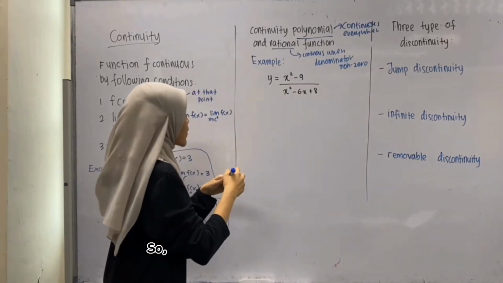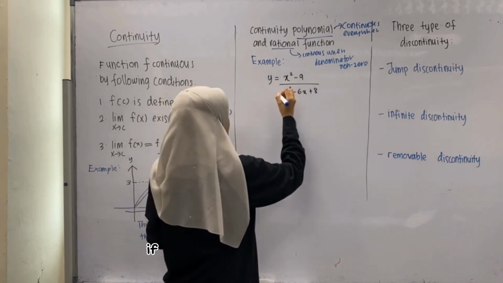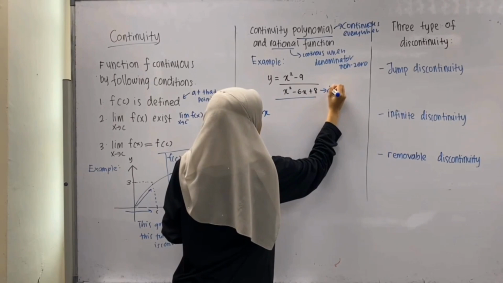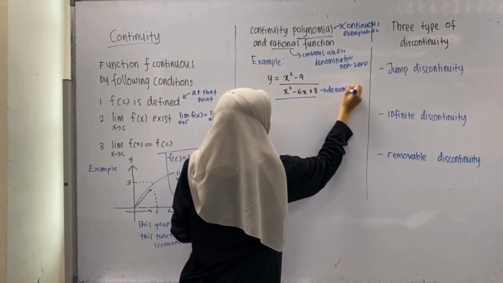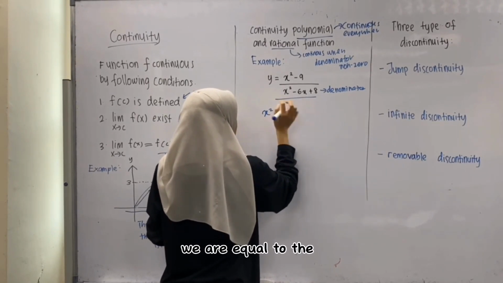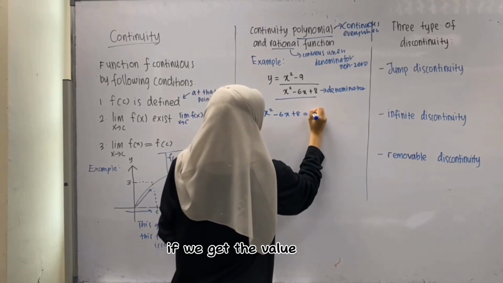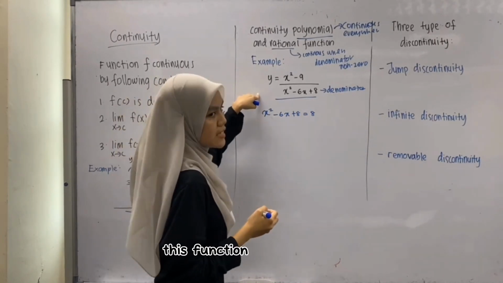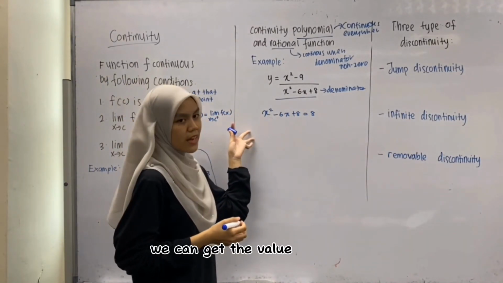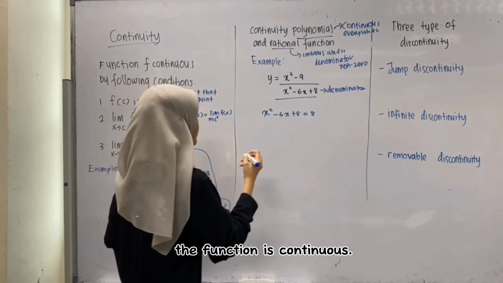So this is an example. We look at the denominator and set it equal to 0. If we get a value, this function is not continuous at that value, but if we cannot get a value, the function is continuous.